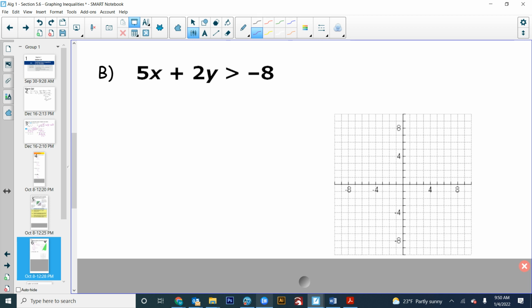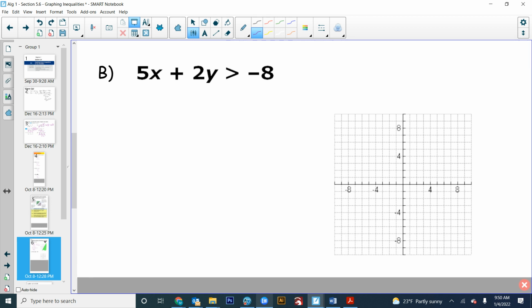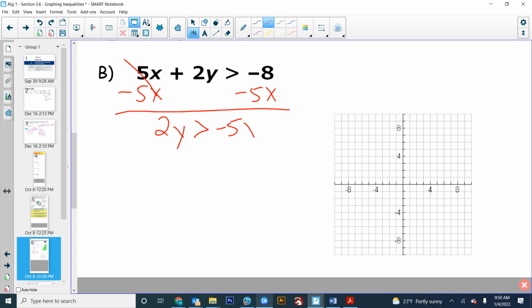All right, now we've got to do some work. Is this solved for y? No, we need to solve it for y. What's my first step? I don't want to do solid or dash yet until I solve it for y. Go ahead. Subtract 5x. Nice job. Okay, everybody with me?